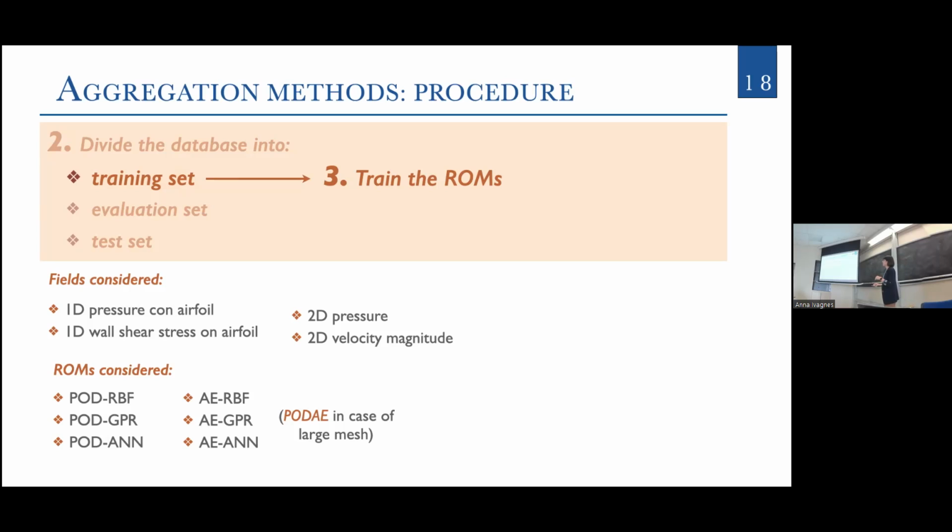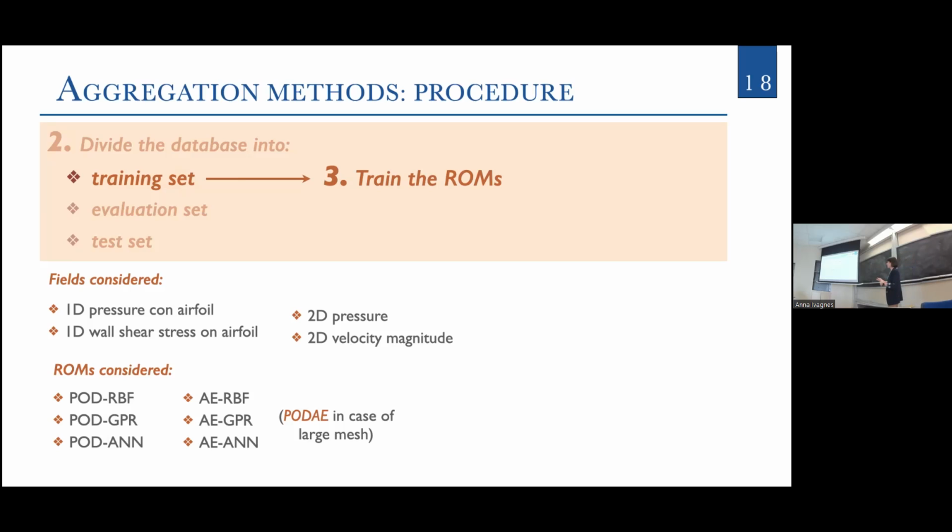Okay, these are the reduced order models that we took into account. So basically, you have both POD-based and autoencoder-based reduced order models with all the models that I introduced this way. And in particular, we replaced the autoencoder with a POD autoencoder in the case of the two-dimensional fields, because the initial dimension was around 200,000, so it was too big.